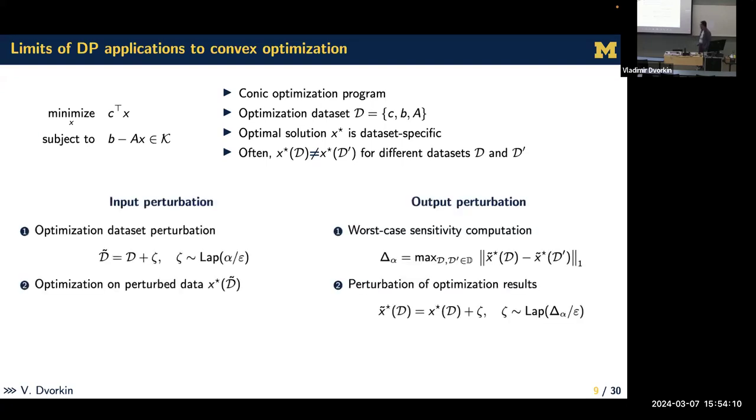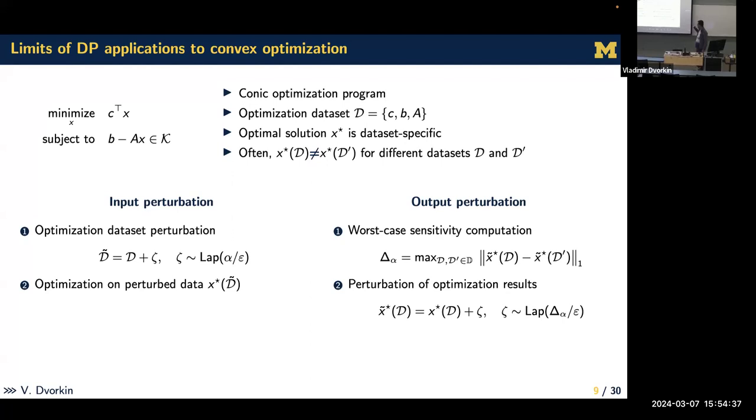If we think of a standard differential privacy approach to solving an optimization problem, it would look something like this. Input perturbation: in order to obfuscate the real data, we would perturb the data with privacy-preserving noise, then solve this problem on the privacy-preserving version of the data set and report the privacy-preserving optimization solution.